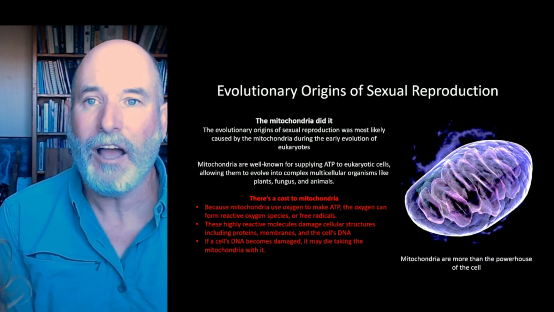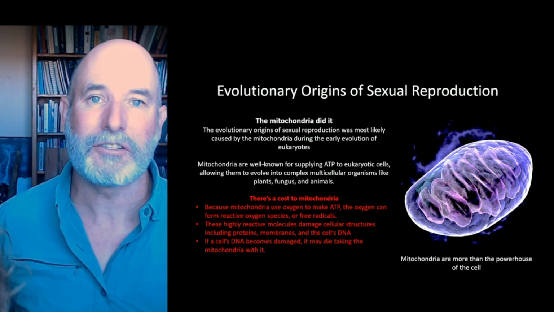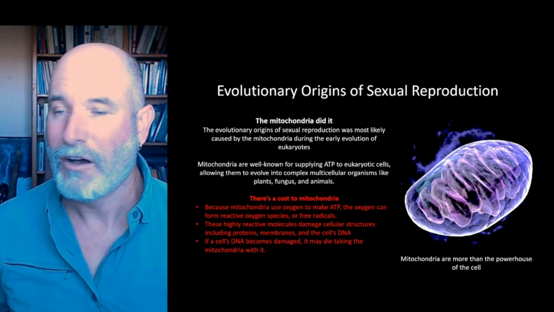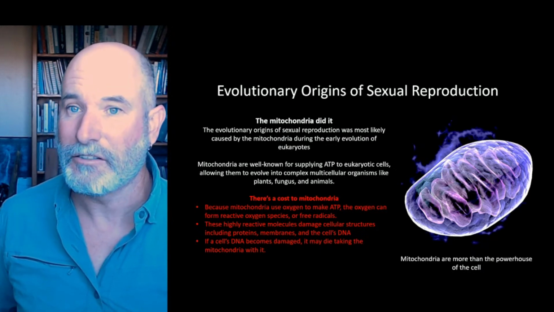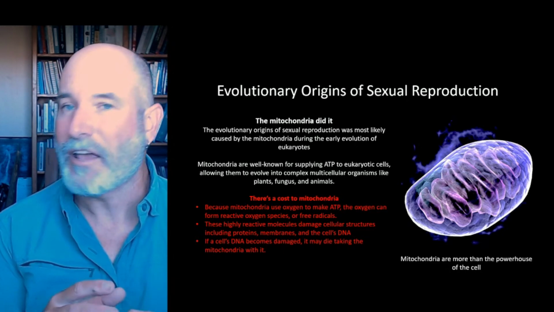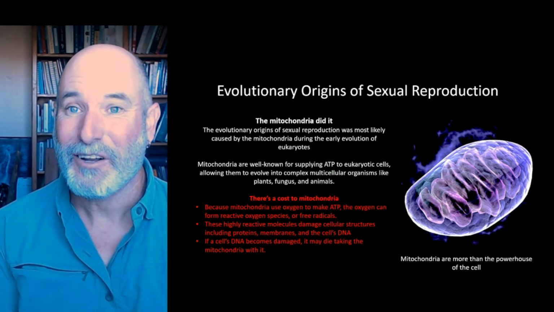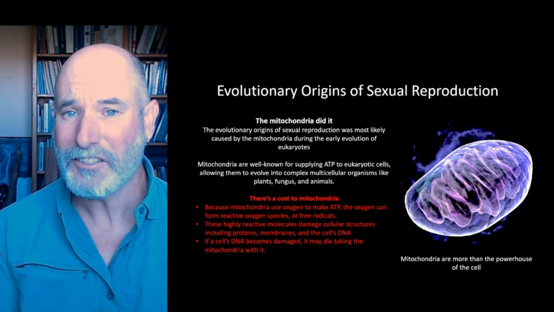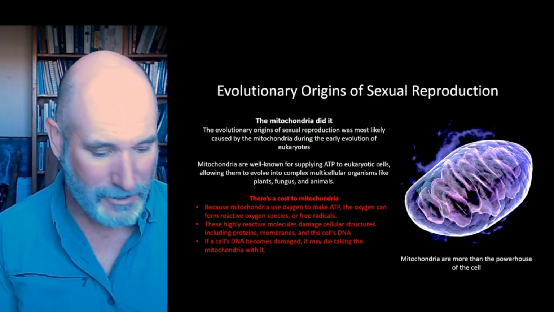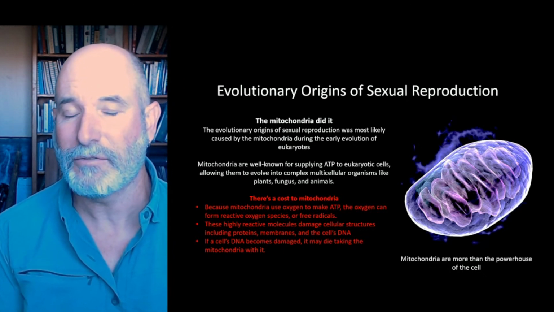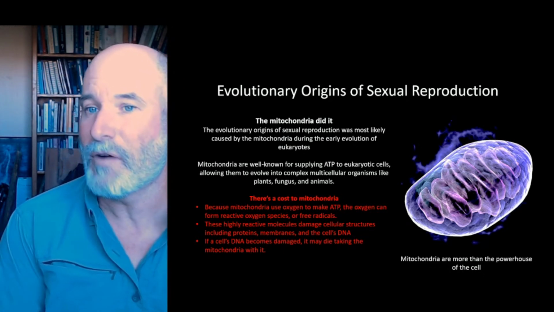So these mitochondria are really good because they're supplying a lot more ATP to these cells. A lot. Because they use oxygen, it's much more efficient. So you get a lot more energy, and this is a good thing. But there's a big trade-off to using oxygen. One of those is you can produce what's called a reactive oxygen species, an ROS.